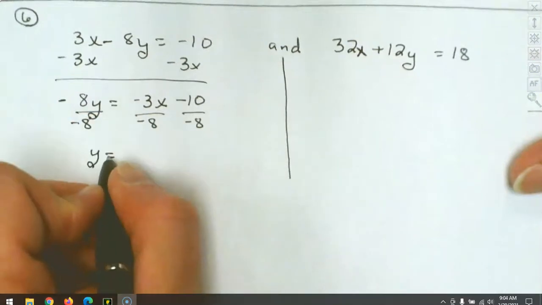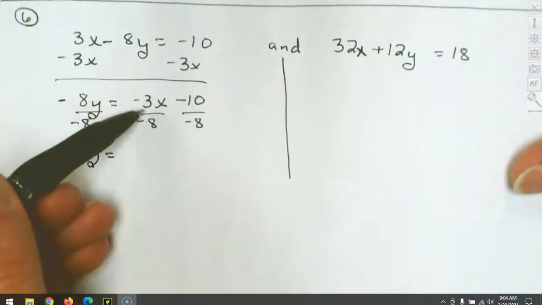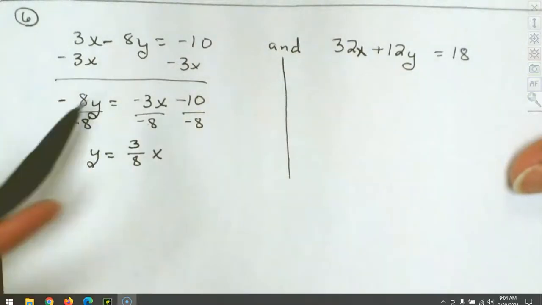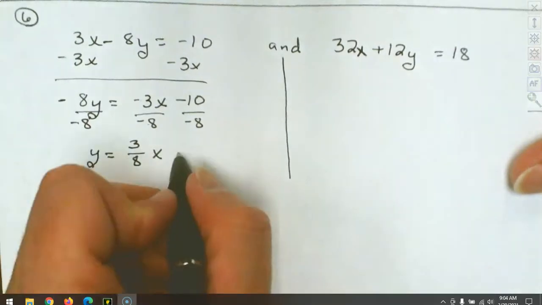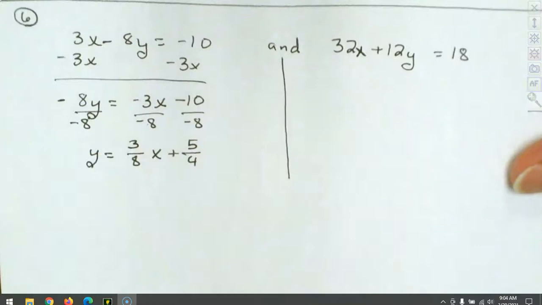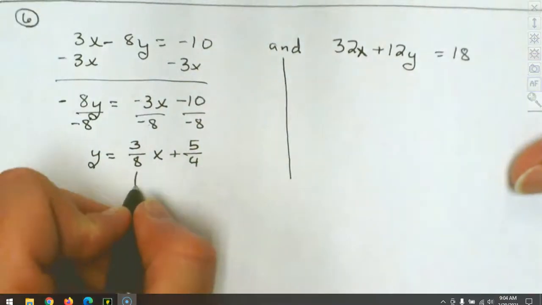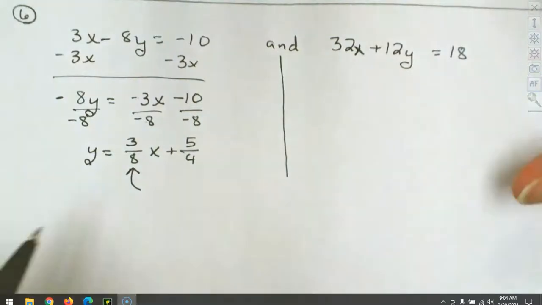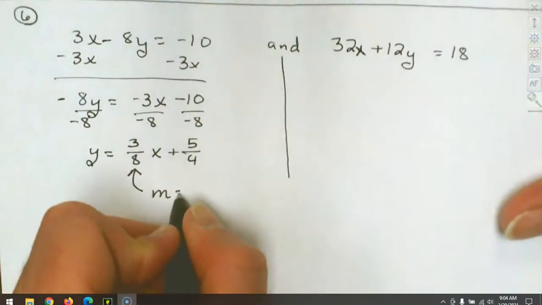And that leaves me then with y equals negative and negative makes it a positive 3/8 x. Negative and negative, we'll reduce that down. And that's going to reduce down to a positive 5/4. Now, what's the only part we're worried about? Well, the only part we're worried about is that 3/8.